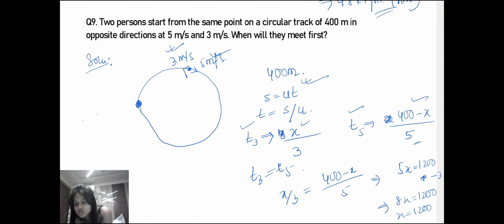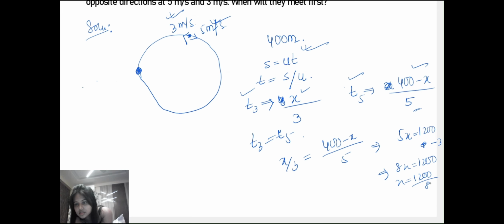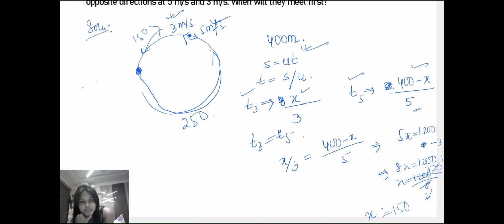That is x equals 1200 by 8. That is, 4 2s are 8 and 4 3s are 12. 0 0. This is 150. So this is 150. Therefore, x is 150. So this will be 150 and this whole area will be 250.